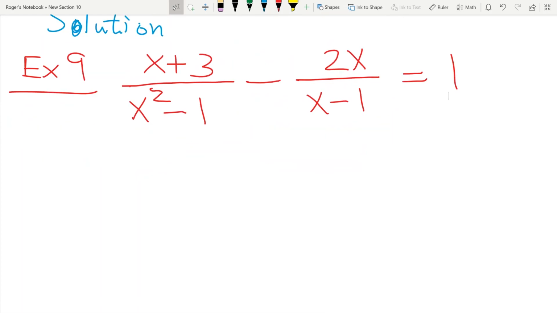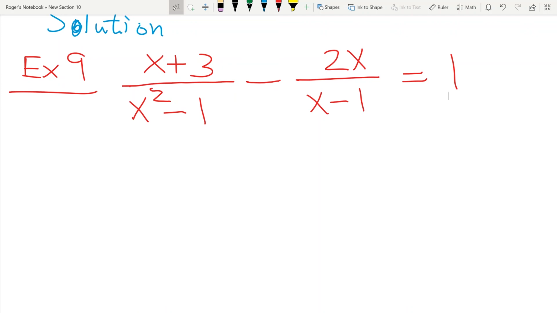Okay, example number 9 brings up a really good point that you need to take note of and do not forget. Before you look for the LCD, before you look for the least common denominator, which you will then use to multiply both the left and the right side of this equation, which would then eliminate all fractions, before you look for that LCD, make sure that all the various factors that you're looking at are in factored form.